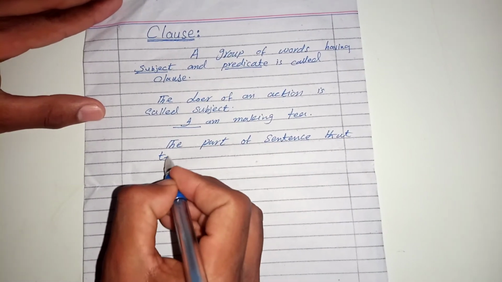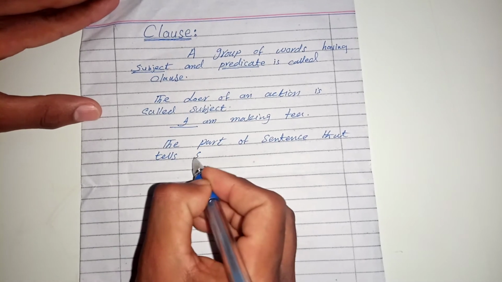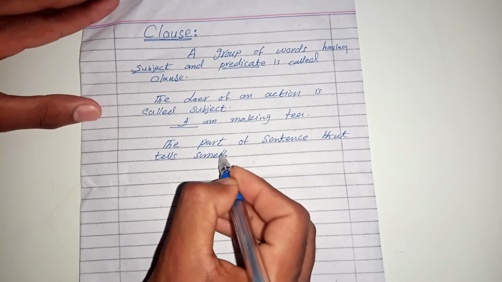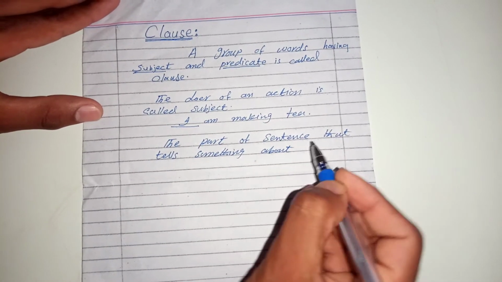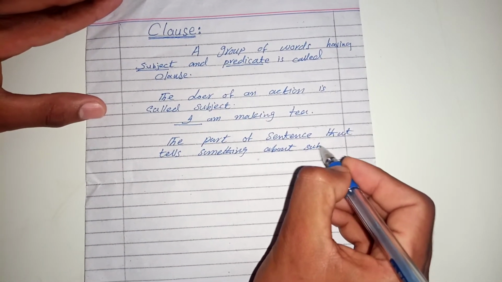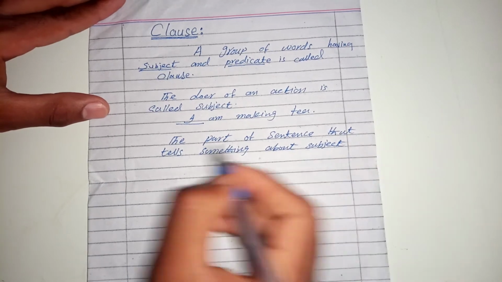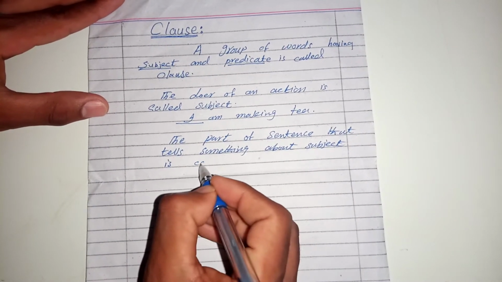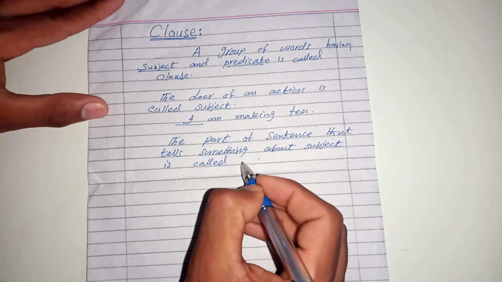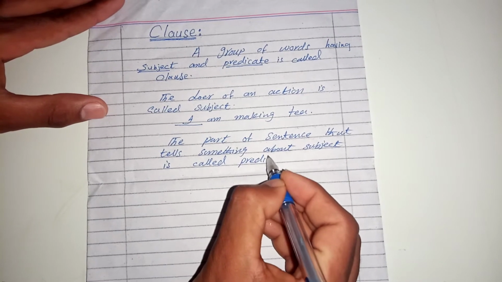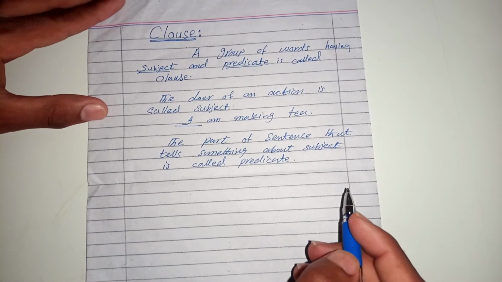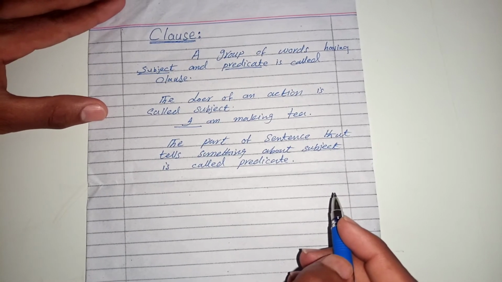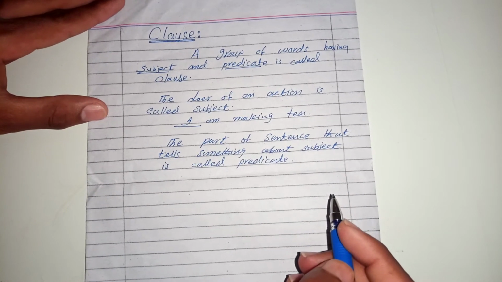The part of sentence that tells something about the subject is called predicate.